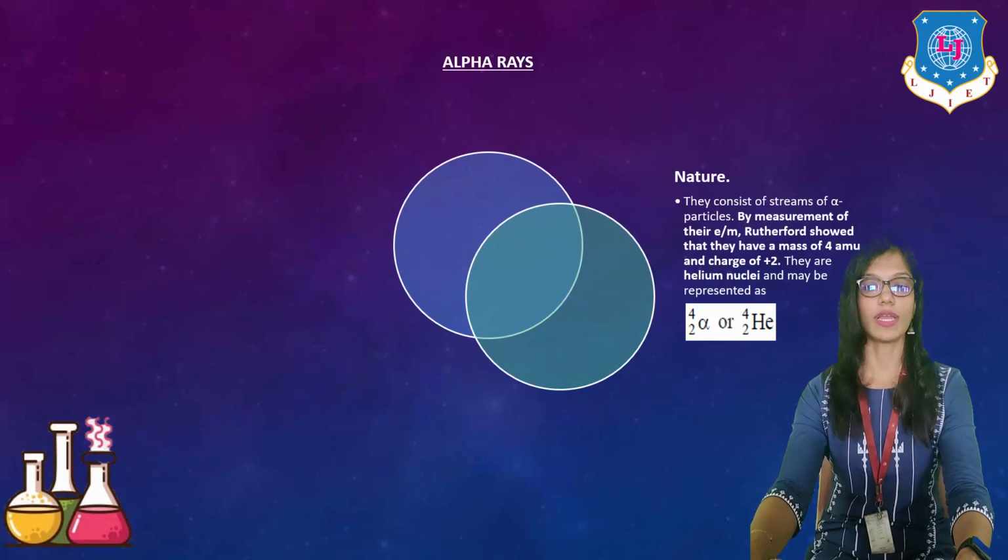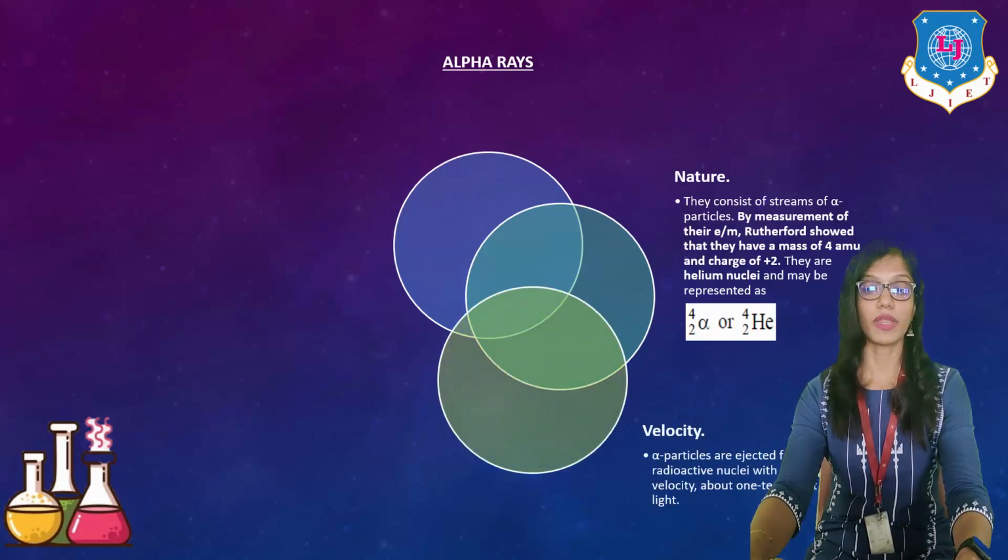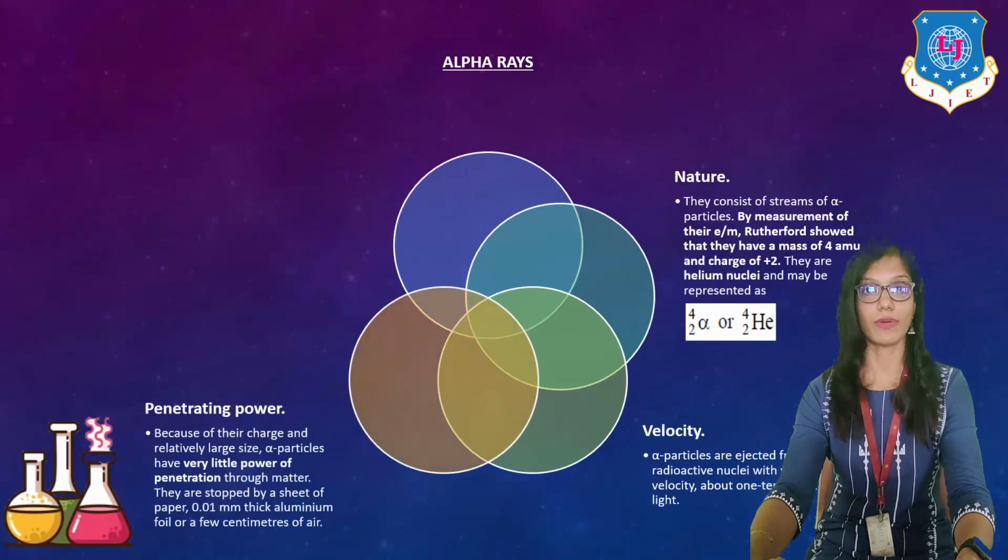By measurement of their e by m, Rutherford showed that they have a mass of 4 AMU and charge of +2, and they are helium nuclei and may be represented as 2He4. If we talk about the velocity, alpha particles are ejected from radioactive nuclei with very high velocity, about 1/10 of that of light.